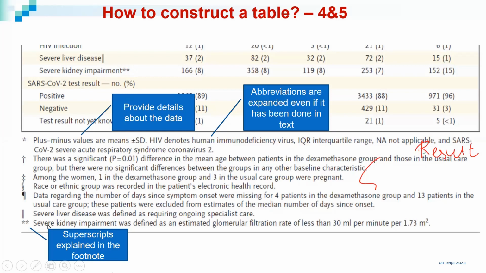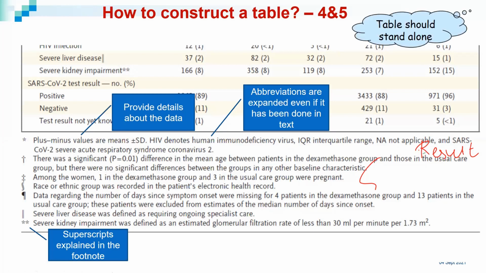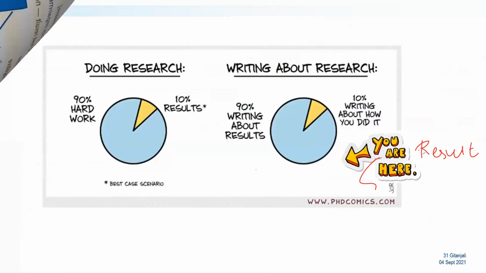Below they are writing, these 2 asterisks mean severe kidney impairment was defined as an estimated glomerular filtration rate, whatever it is. So superscripts are explained in the footnote completely. The reason is because you want your table to stand alone. That is the reason you are giving so much detail, so that people don't have to read anything else if they want to think.